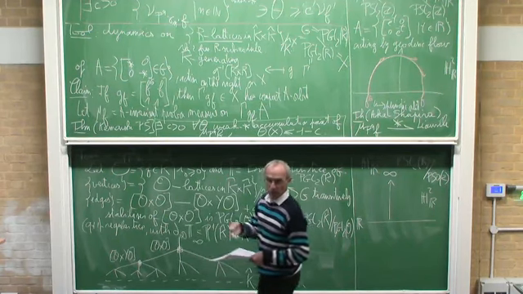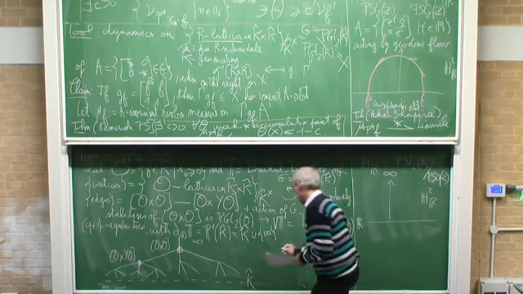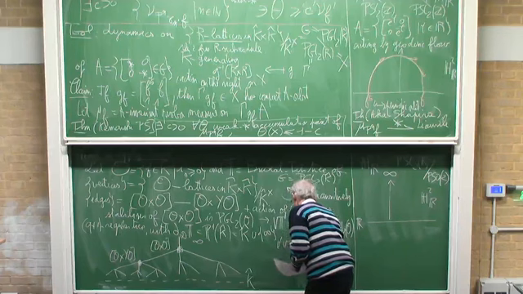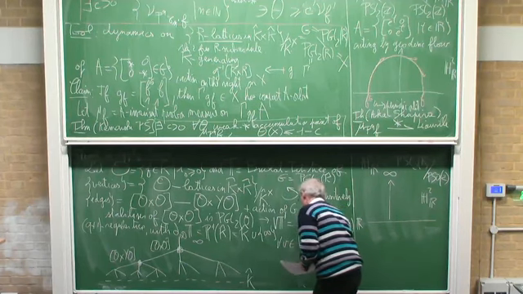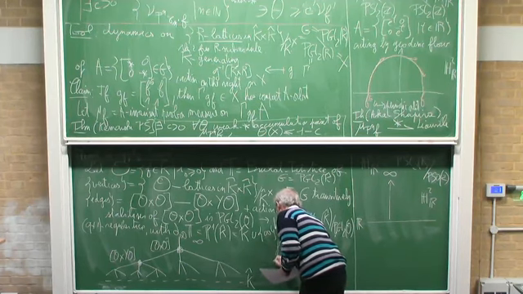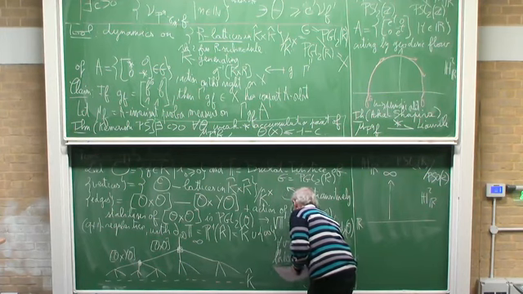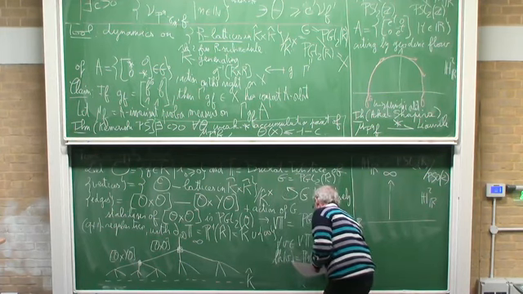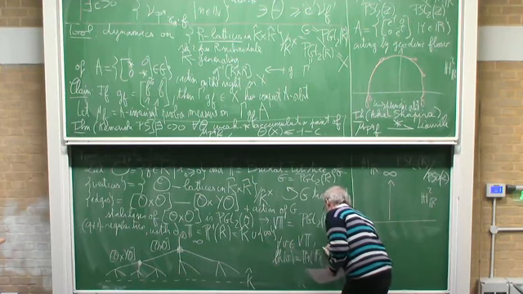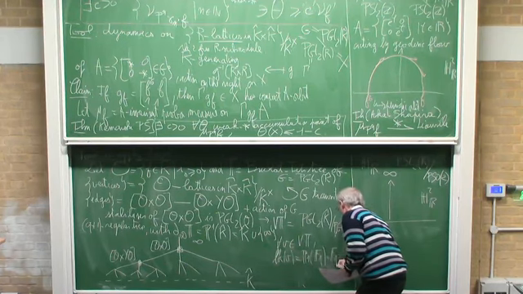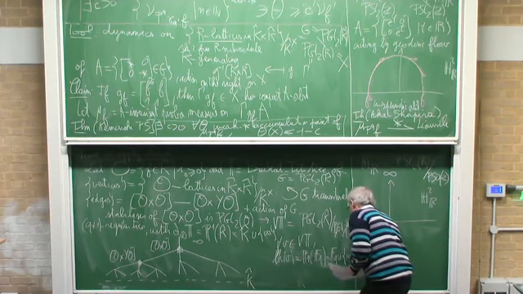In fact, the link of every vertex of the tree is a projective line over the finite field FQ, which I identify with FQ union infinity.